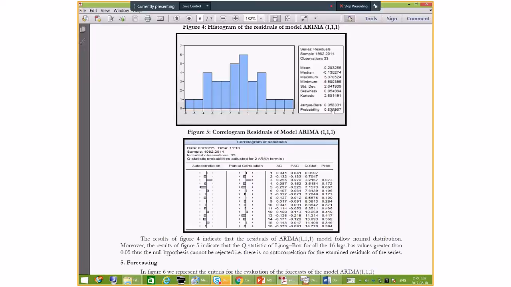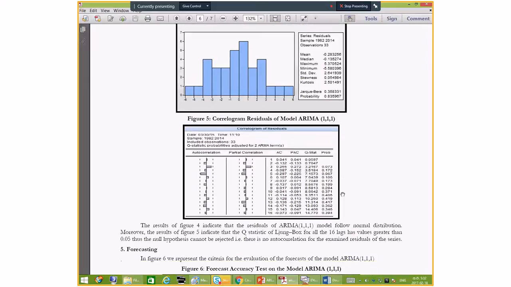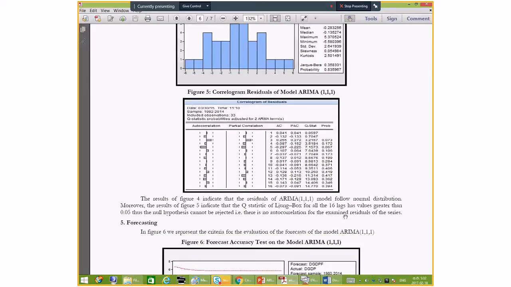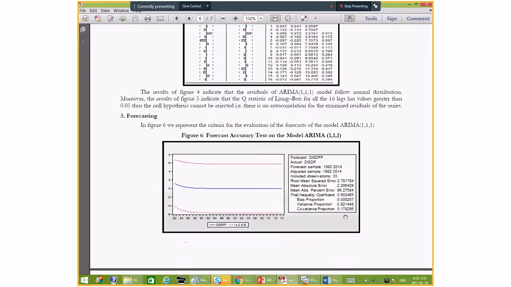But in our data set, there is an issue. Right, anyway, we need to follow this process.